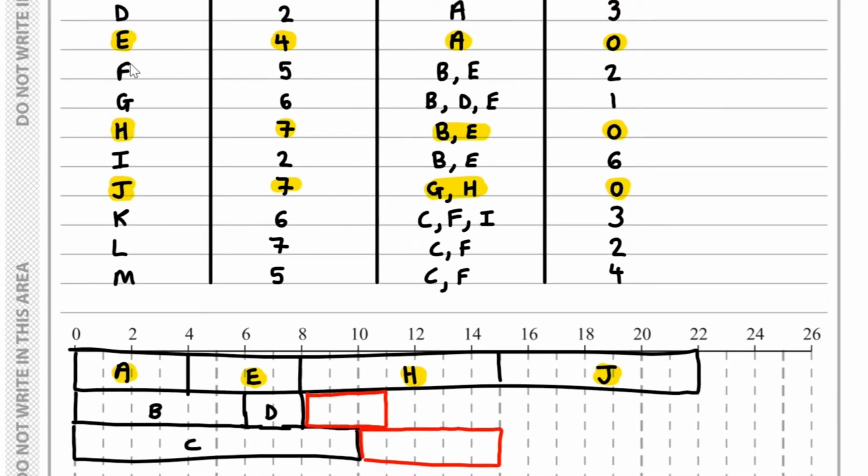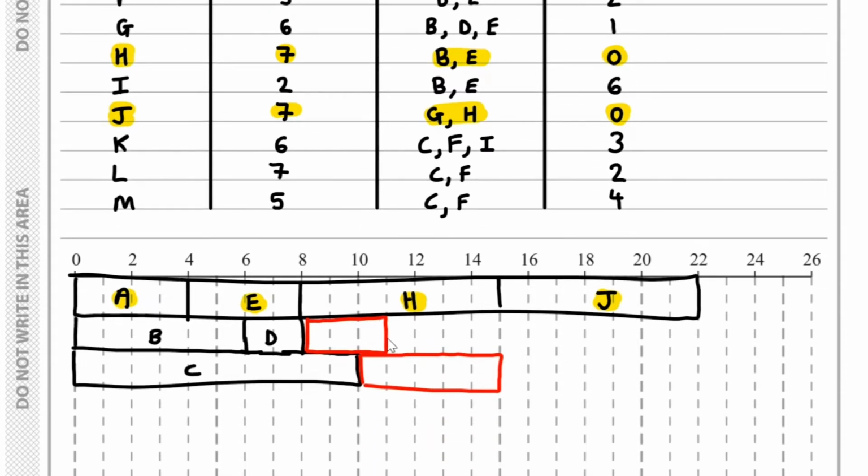Now, E is critical. If I take a look at F, that depends on B and E completing. So F can start here at 8, and it's got a duration of 5. So that takes us up to 13.